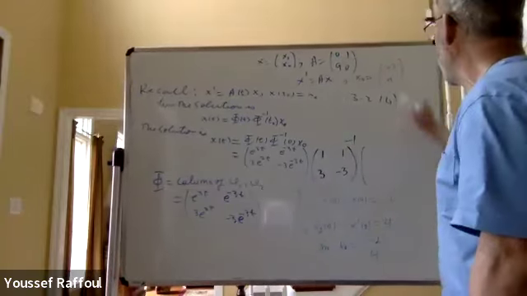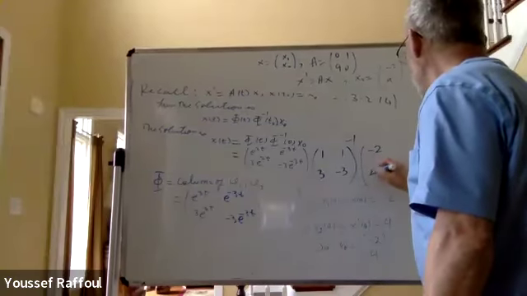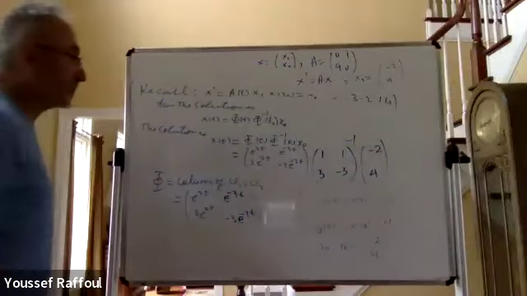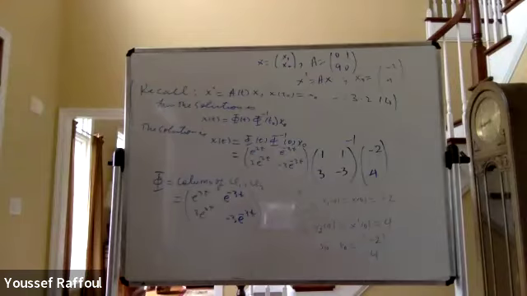What did we say x0 is? Minus 2 and 4. And that is your solution. Okay? Any questions?